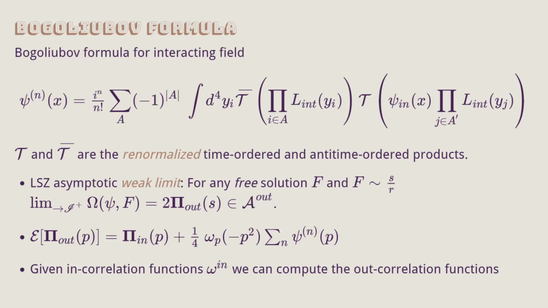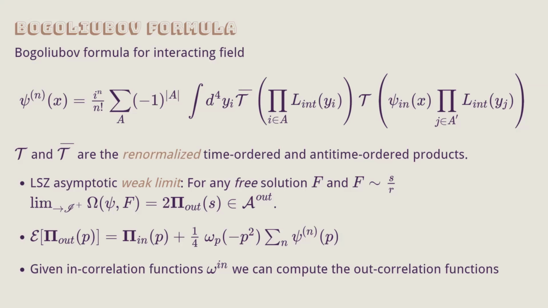I have two questions. What is this A prime, because A prime is not what you're summing over? And what is mod of A? I've taken n number of L interactions, and I've split them into two sets, A and its complement A prime. The set A goes in the anti-time ordered product, A prime goes in the time ordered product. Suppose you had 4, so your interactions are at Y1, Y2, Y3, Y4.